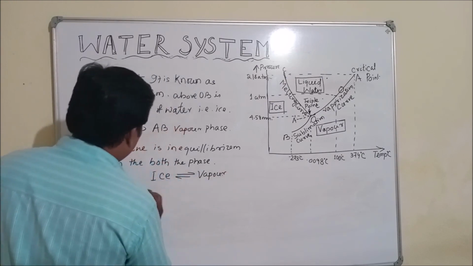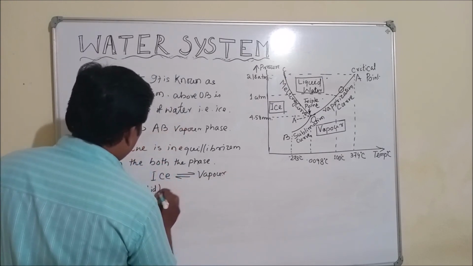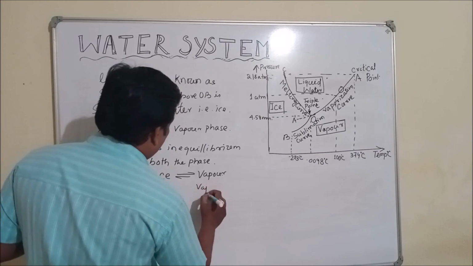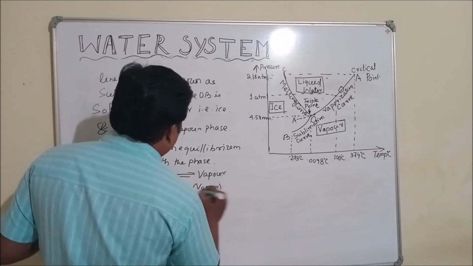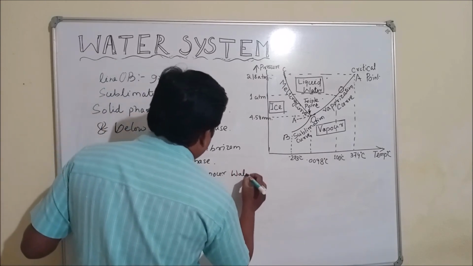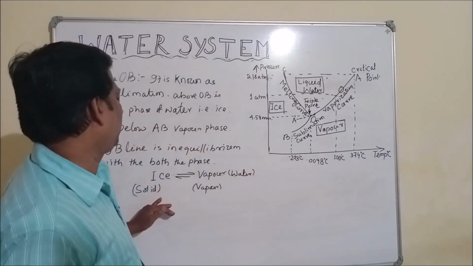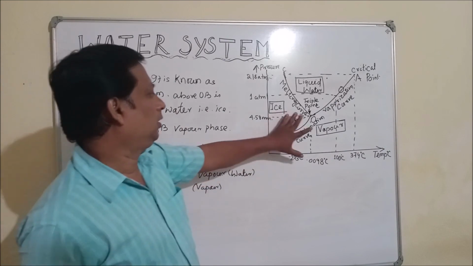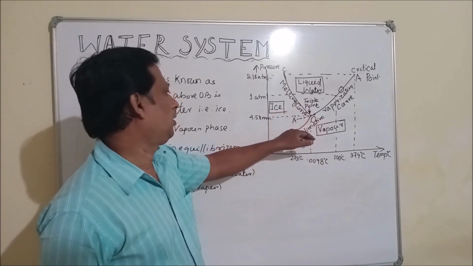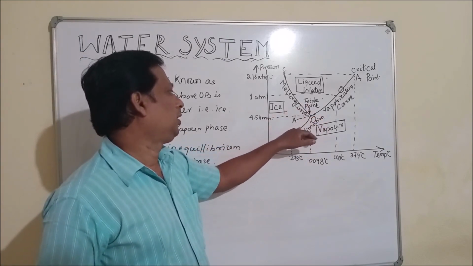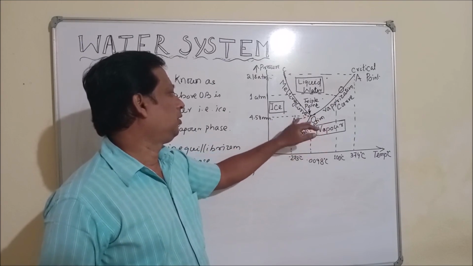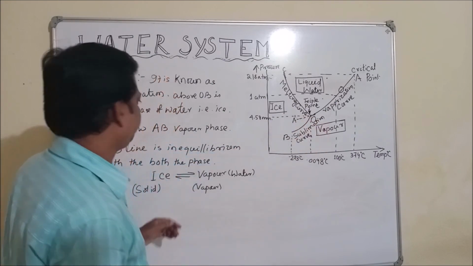This is the solid phase and this is water vapor. So here ice, the solid phase, is in equilibrium with the vapor phase. On this OB line, both phases coexist.